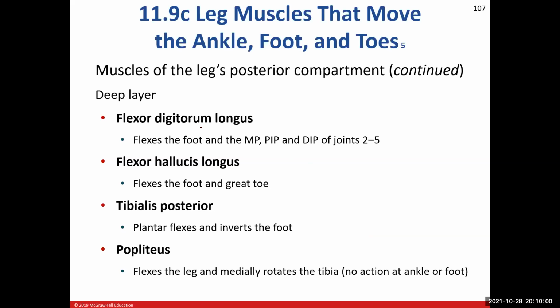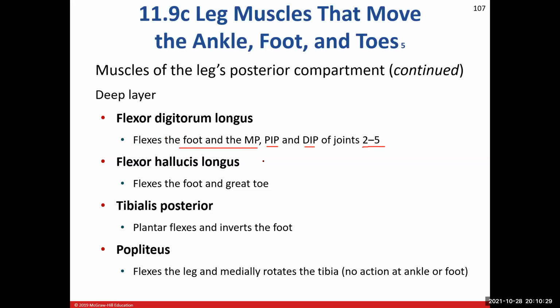So the flexor digitorum longus attaches to the distal phalanx of digits 2 through 5, and so it is going to flex all the joints proximal to that. That means the distal interphalangeal joint, the proximal interphalangeal joint, the metatarsophalangeal joint, and it will also help to flex the foot.